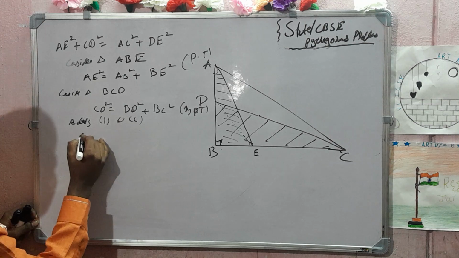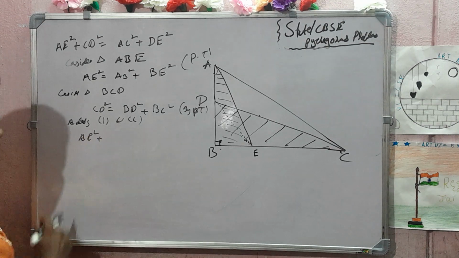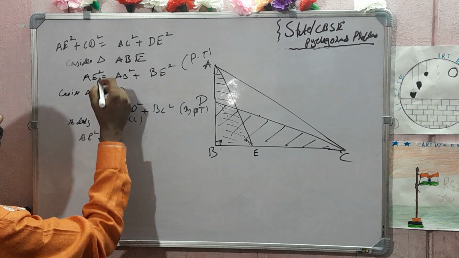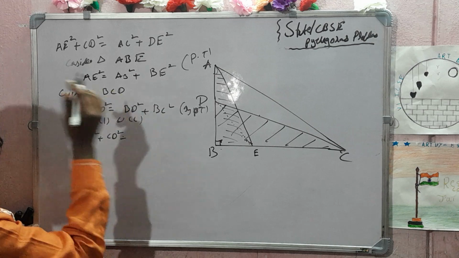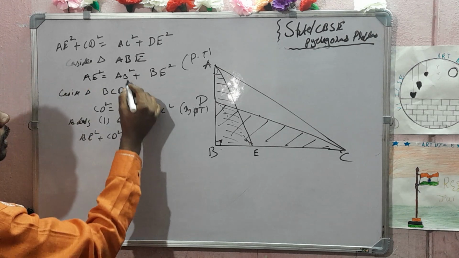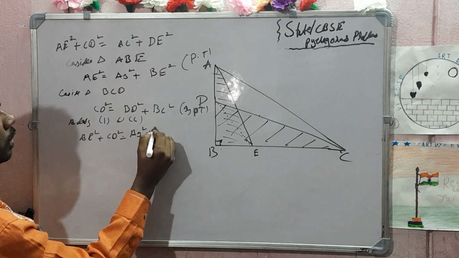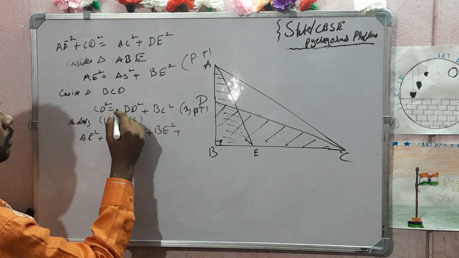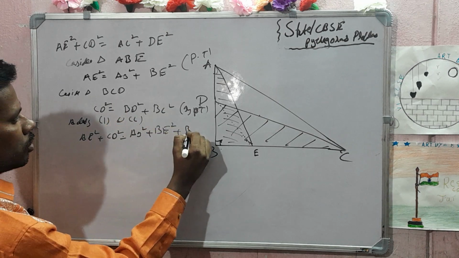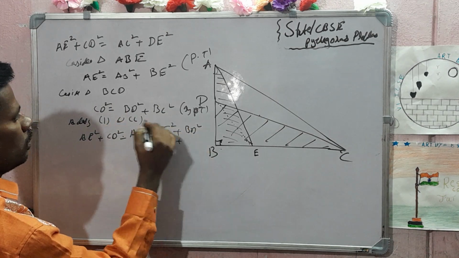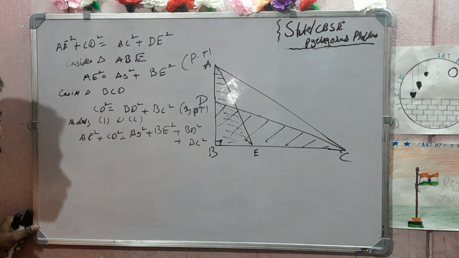Adding 1 and 2, what you will get? AE square plus CD square is equal to AB square plus BE square plus BD square plus BC square, right?